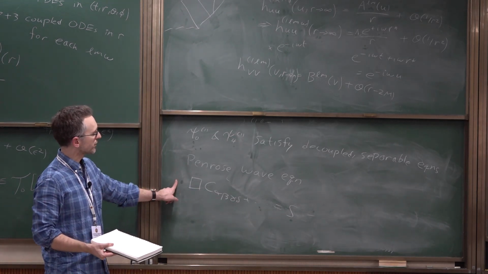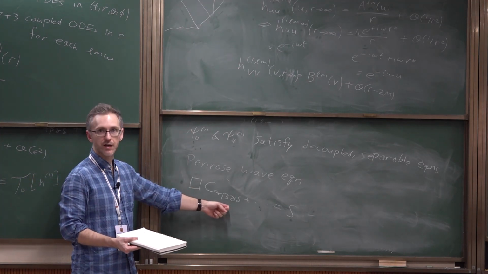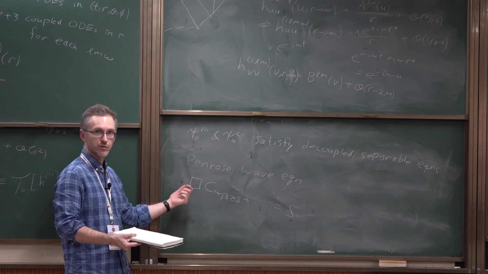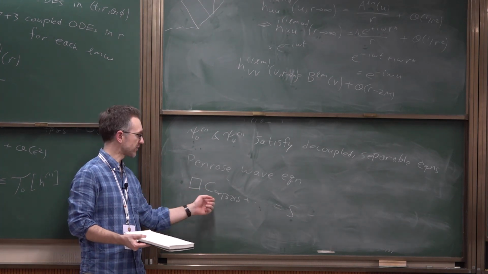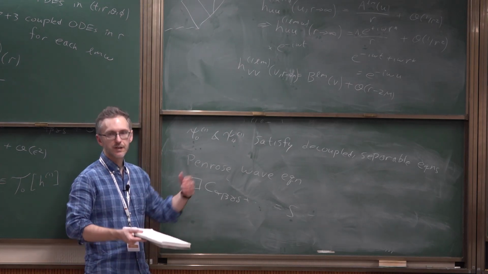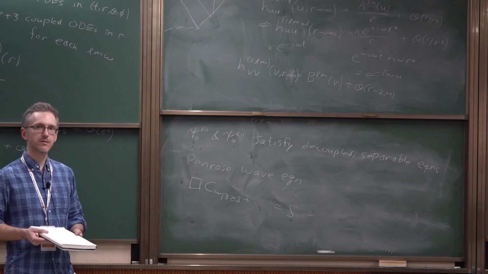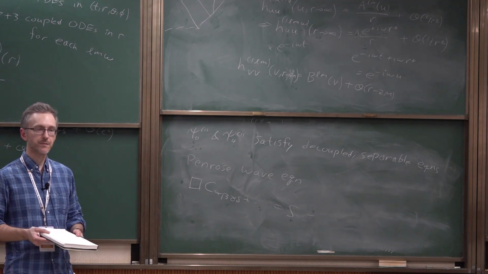Then just contract this whole thing with the tetrad legs you want in order to end up getting either psi 0 or psi 4 in there. So you commute your derivatives with the tetrad legs, you move the tetrad legs in to contract with this, you end up with psi 0 or psi 4. You do a whole bunch of complicated manipulations, and out comes the Teukolsky equation.